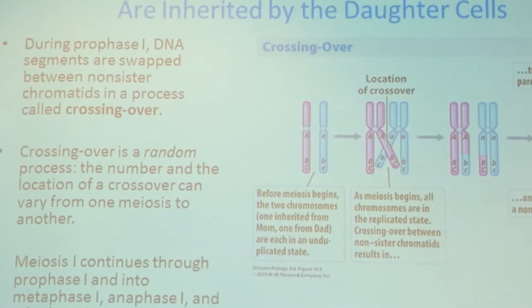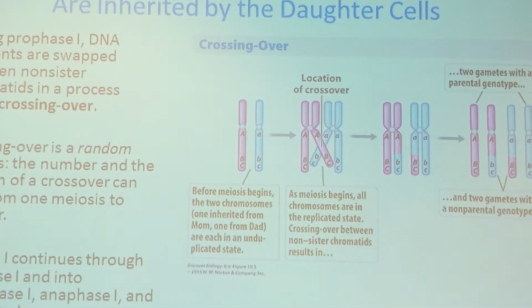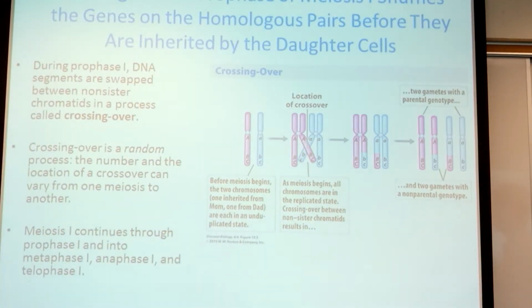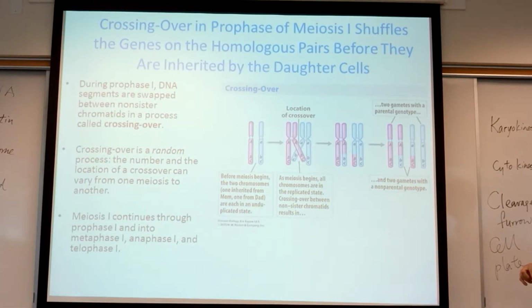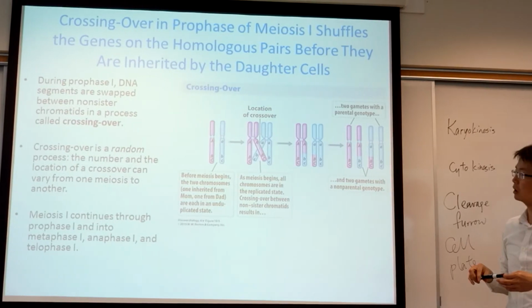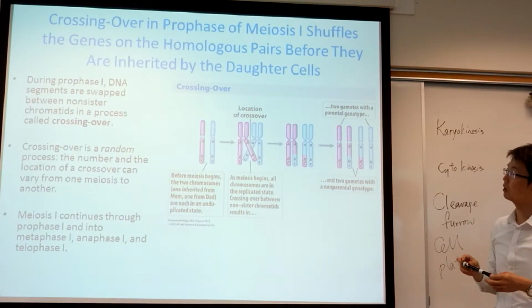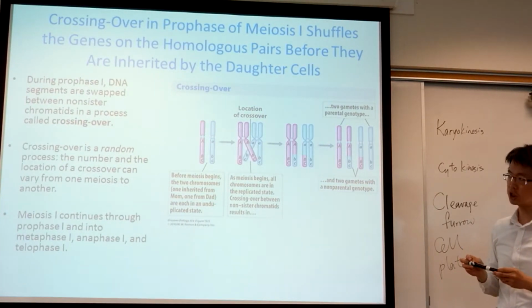So in meiosis, I told you that there are several significant characteristics. The first one is called crossover, or we call it recombination.